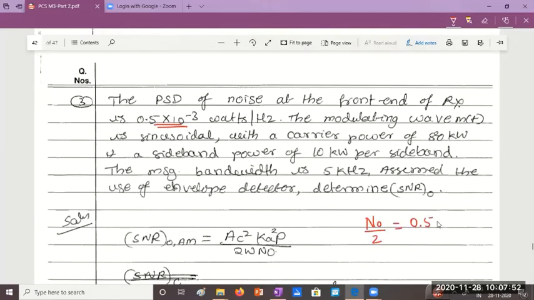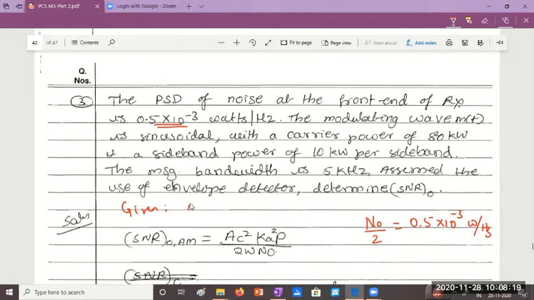N0 by 2 is 0.5 into 10 to the power of minus 3 watts per hertz. This is given. The modulating wave m of t is sinusoidal with carrier power 80 kilowatts. So the carrier power is given as 80 kilowatts.